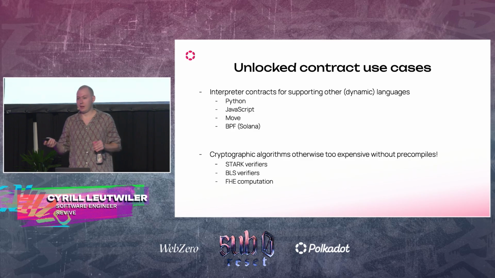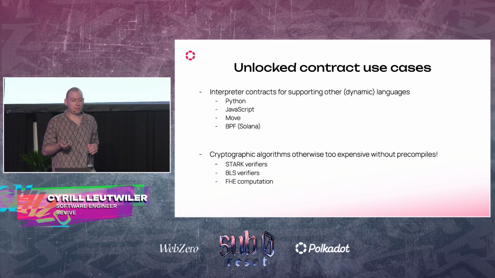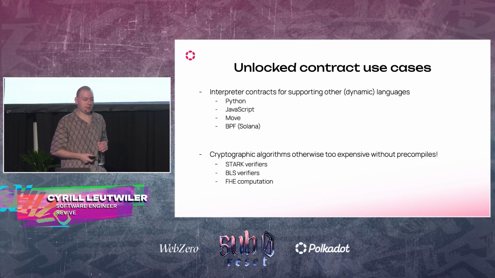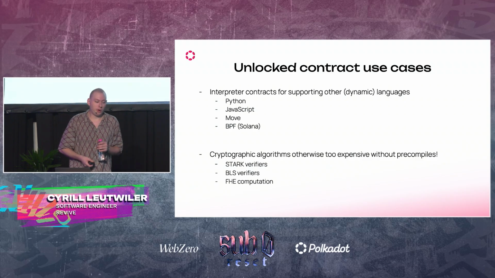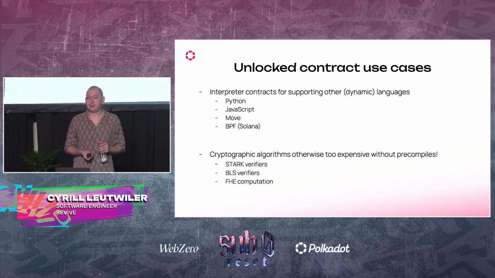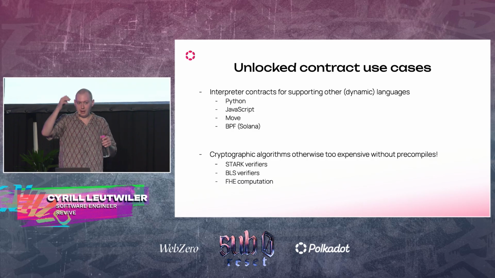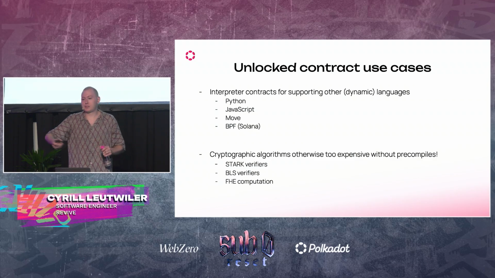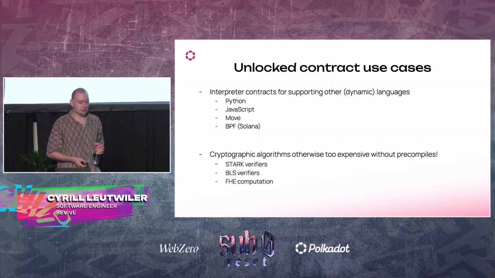So for example, if you want to build an interpreter contract for dynamic languages like Python and JavaScript, or blockchain languages like Move or Solana or eBPF, you can just write an interpreter contract and deploy it, and then you can delegate call into this interpreter contract and say, hey, execute me this Python code. So on Polkadot, we can not only have Solidity or Rust, we can have Python or JavaScript contracts.